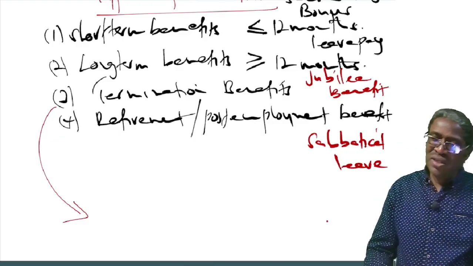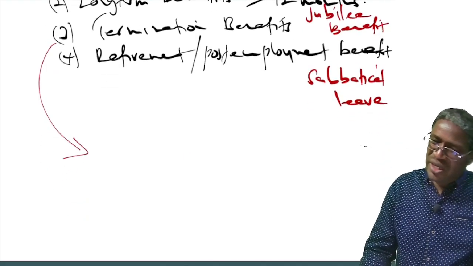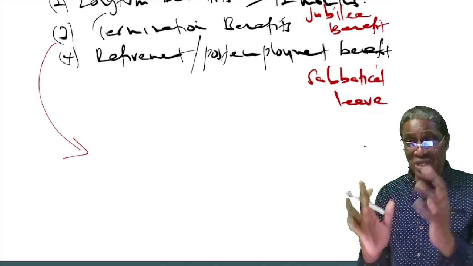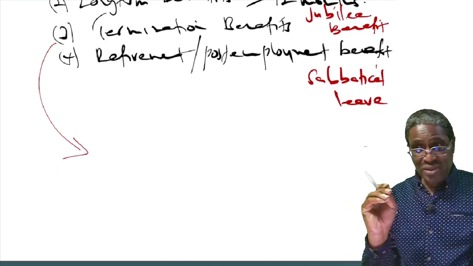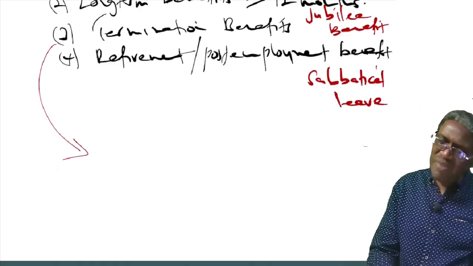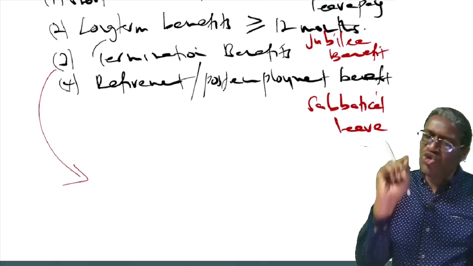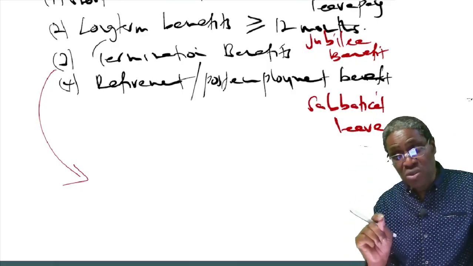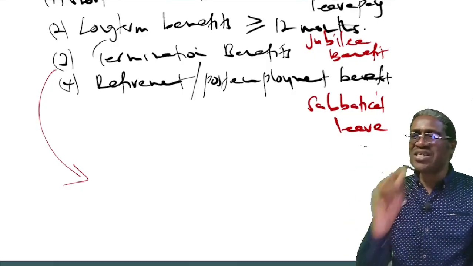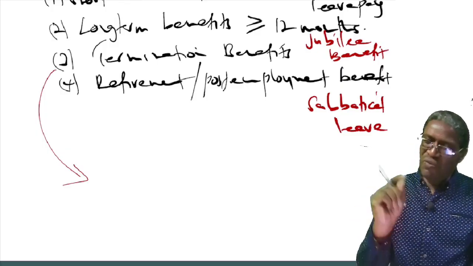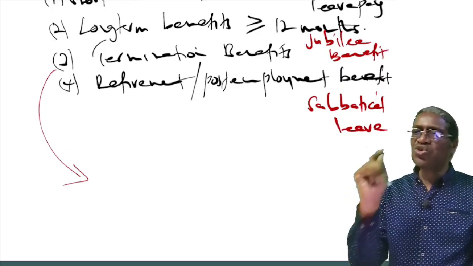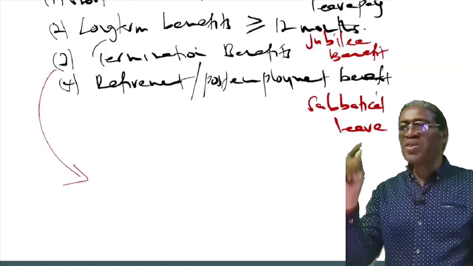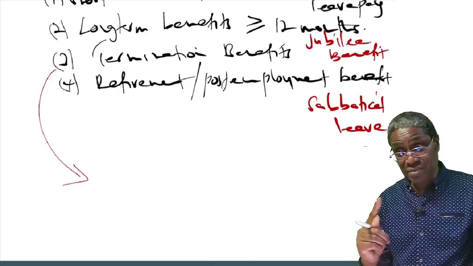When you are told to define what a termination benefit is, it is obvious one should be able to say something. Now, termination benefit is normally two-sided. Let me explain it. One side of it is that benefit that you as an employee are entitled to because of your employer's decision to terminate your services before the normal retirement date.